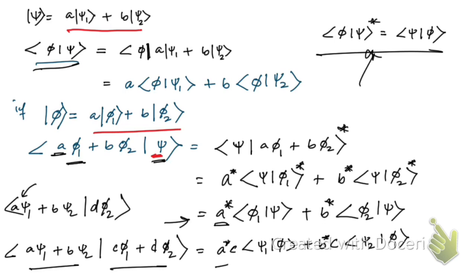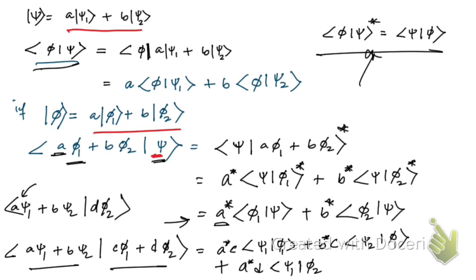You can have plus, this is not completed yet, so plus a star d, psi 1 and phi 2. Now it's done.